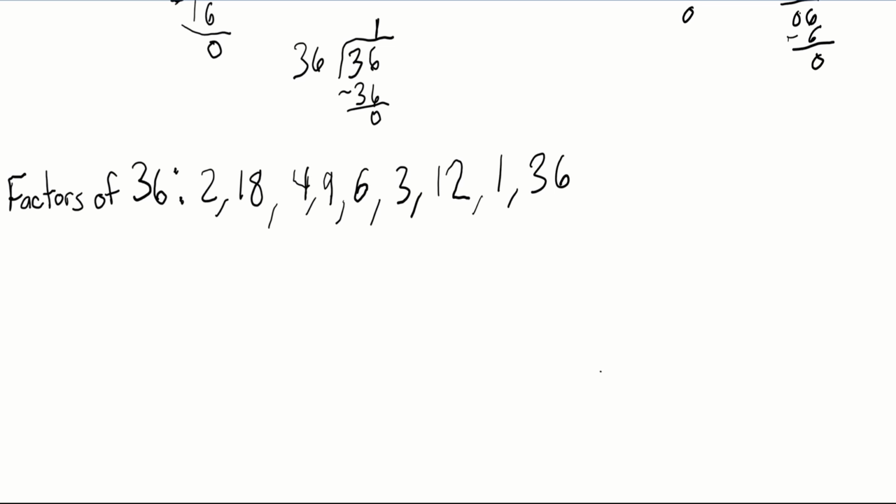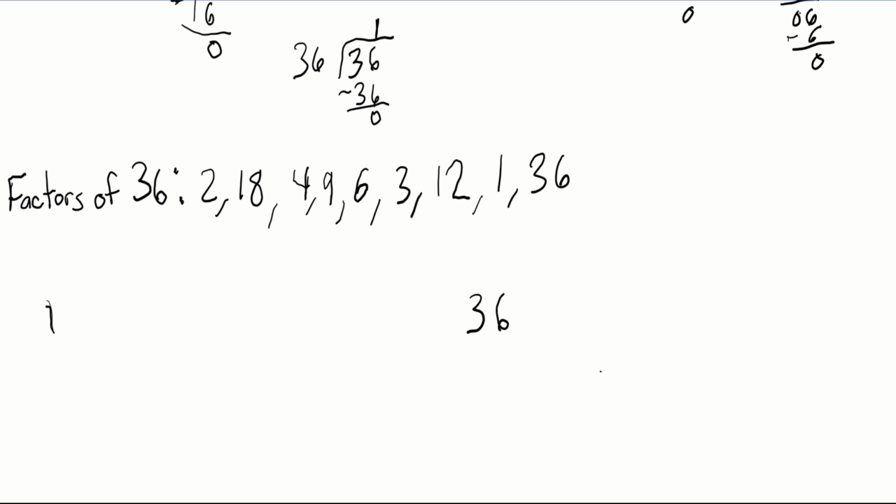Now, a useful way of listing these factors is from smallest to largest. Let's write them down in pairs. So here's what I mean. Write down that the factors of 36 are 1 and 36.